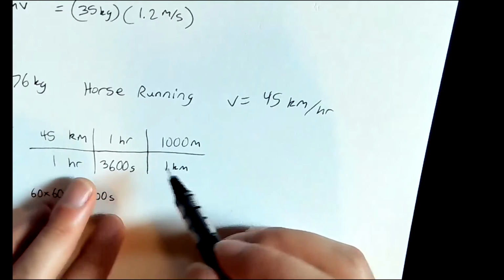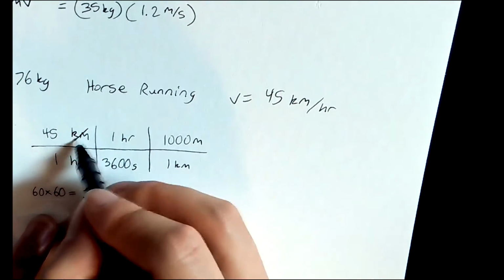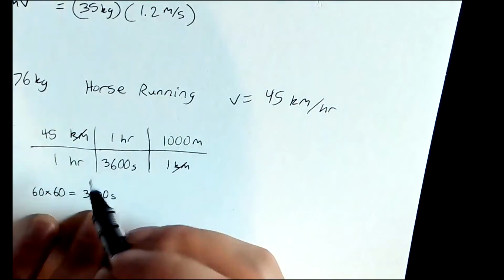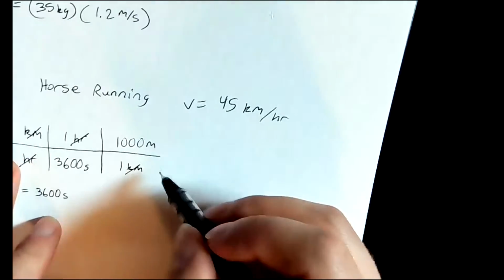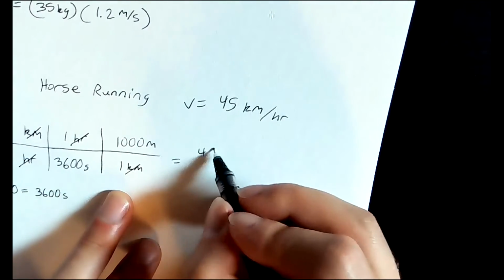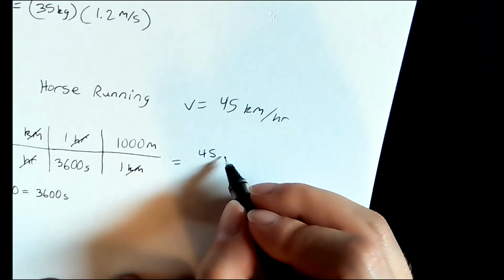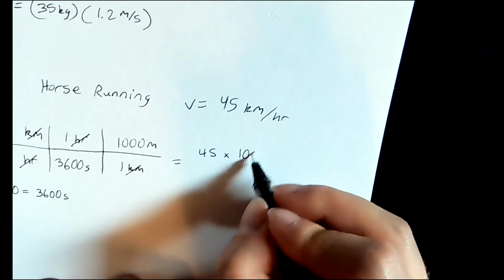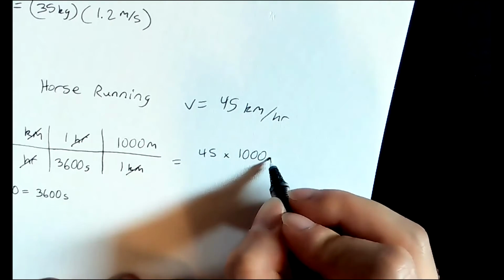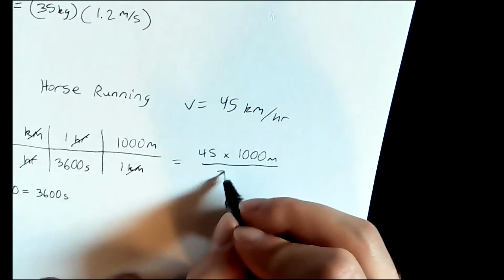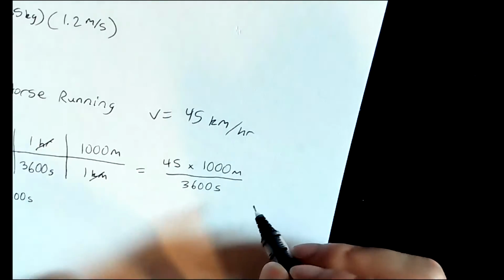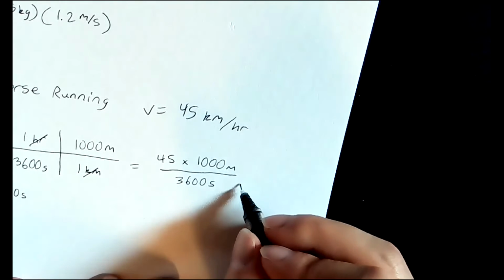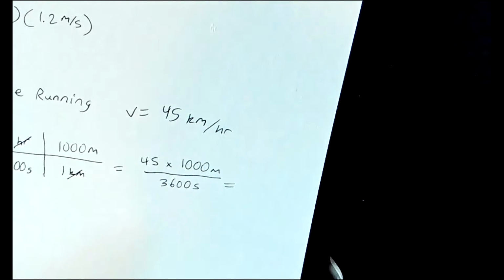And if you look here, those units cancel there, that unit cancels there, and we're left with 45 times 1,000 all over 3,600 seconds. That gives us, let me put that in my calculator.